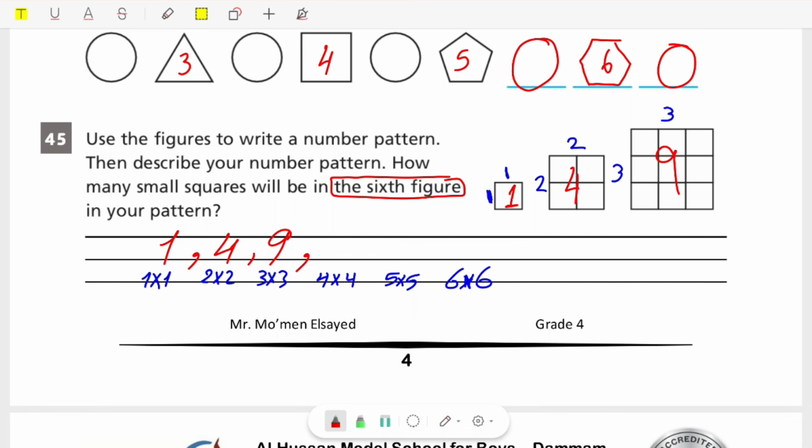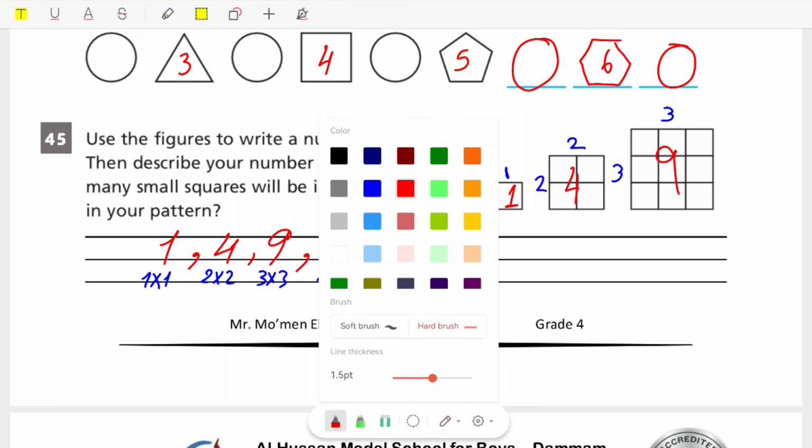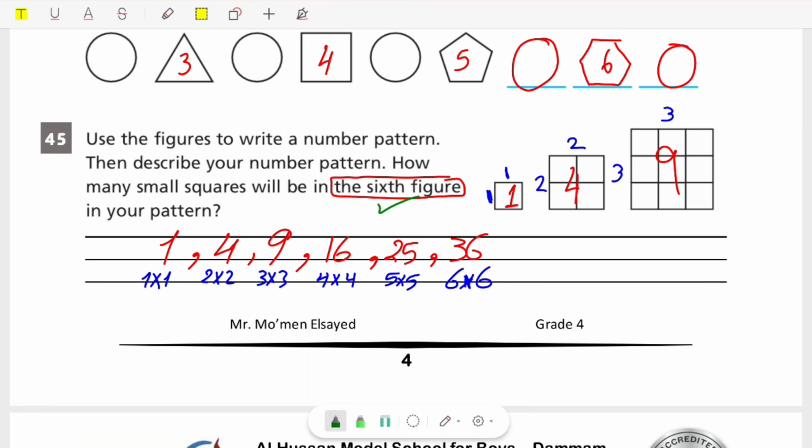So 4 times 4 equals 16, 5 times 5 equals 25, and 6 times 6 equals 36. So he's asking about the 6th figure, which is the 6th number here, so it's 36 squares.